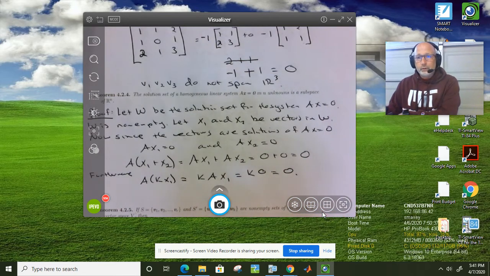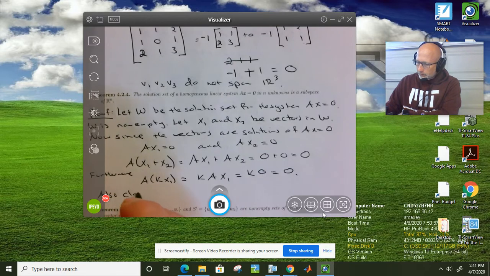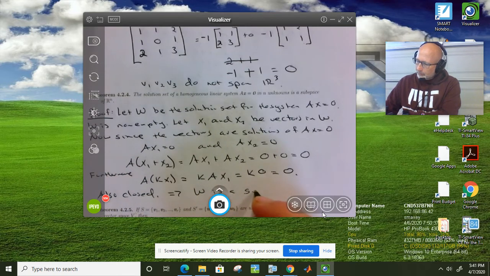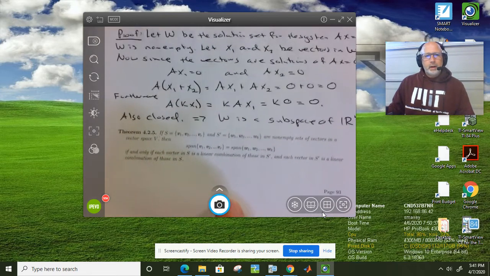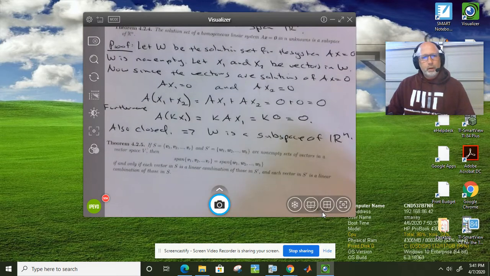So it's also closed under scalar multiplication. So also closed, and then therefore it's a subspace. So therefore, W is a subspace of Rn. Okay. And the last theorem, and then we're done with section 4.2.